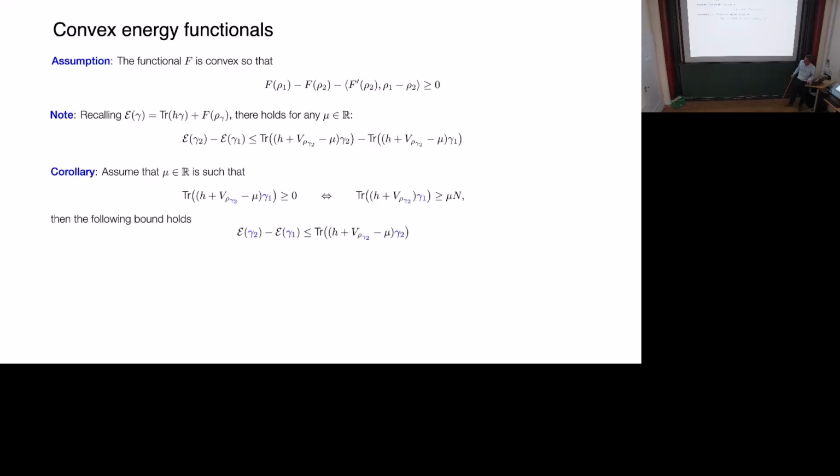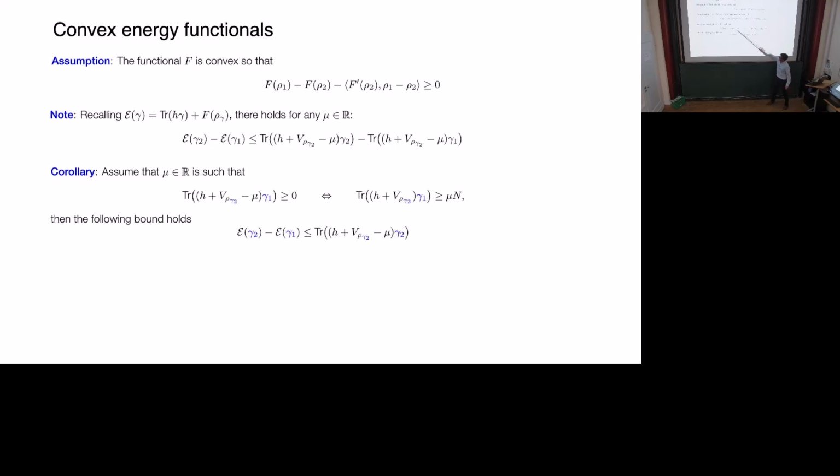Repetition. Now, assume an oracle gives us a mu such that this object here is non-negative. And you can always find a mu. If you choose it, you can shift. You can just shift here with a very negative number and shift it up until you're positive.